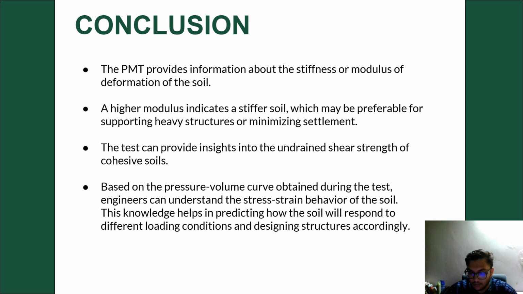The test can also provide insight into the undrained shear strength of cohesive soil. Besides, based on the pressure-volume curve obtained during the test, engineers can understand the stress-strain behavior of the soil, which helps in predicting how the soil will respond to different loading conditions and designing structures accordingly.